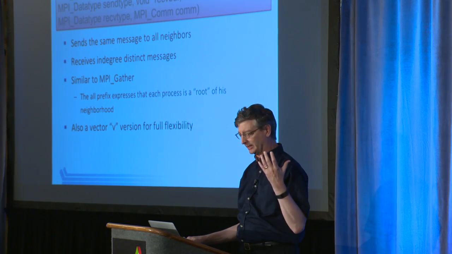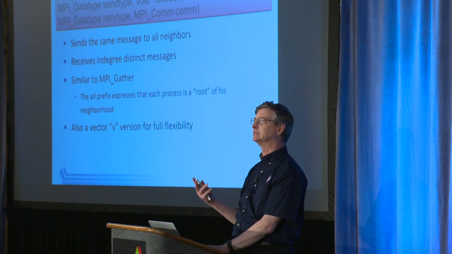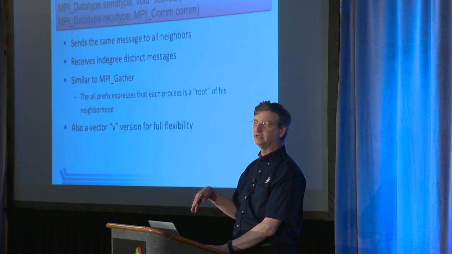And there's a couple of versions of these. There's a V version, so just like all gather V, there's a neighbor all gather V. There's an all to all. All to all is, in fact, the one that's appropriate for, say, a halo exchange, because on every edge, there's both a message going out and a message coming in.